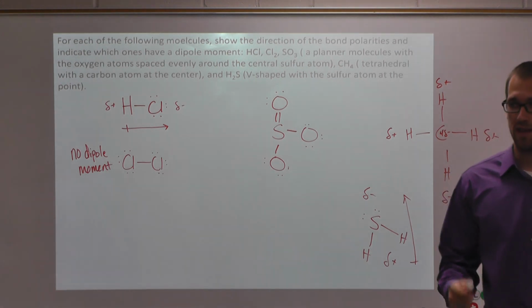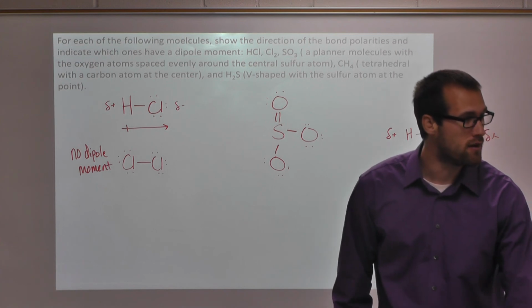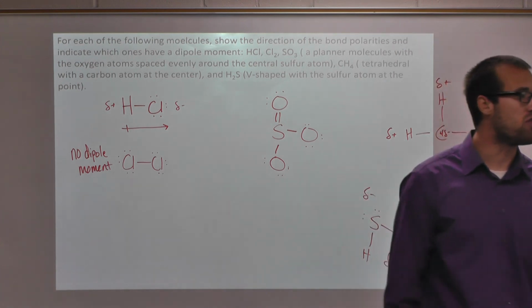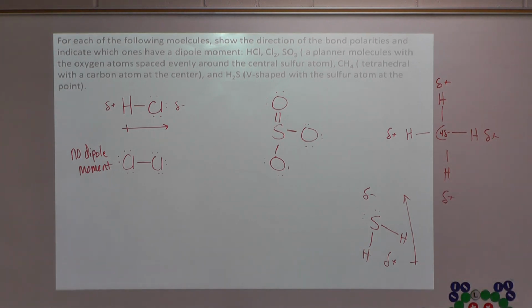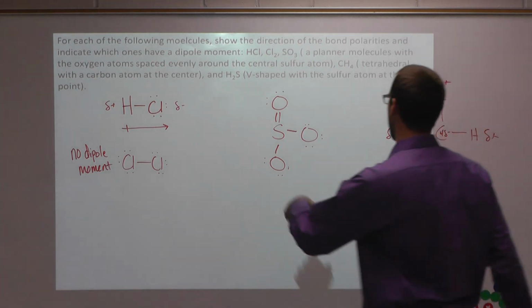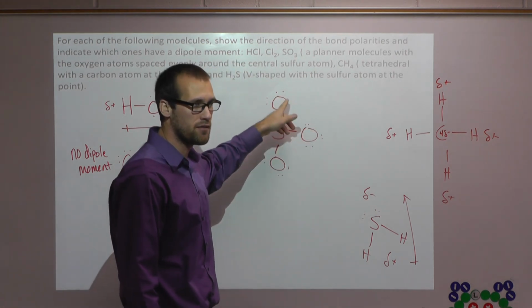Now, we will talk about octet exceptions quite often in this particular chapter. Okay? But there are a few of them that have to obey the octet. Oxygens have to obey the octet. They cannot disobey the octet. Now, sulfur can disobey the octet, but if we were going to make sulfur disobey the octet, the oxygens wouldn't have been stable, would they?